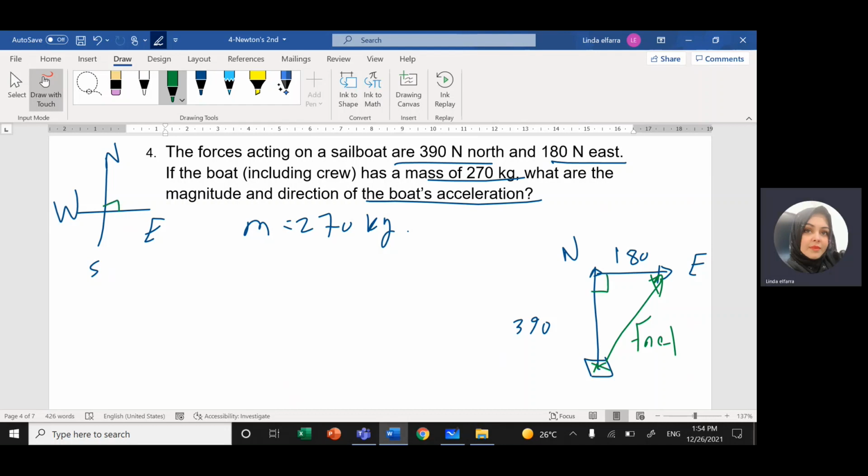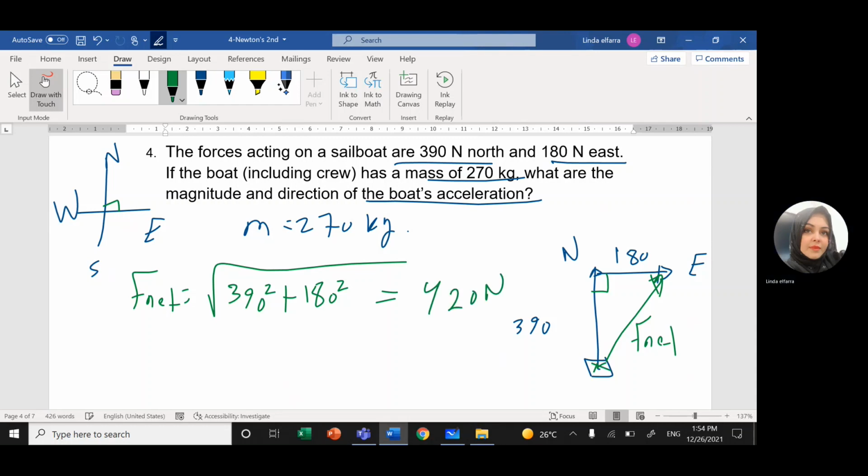So first I have to find F net. F net will be the square root, because they are perpendicular, so we're going to use the Pythagorean theorem. 390 squared plus 180 squared, and this will give us 420 Newton. Now the direction, if I take this angle, I measure the angle from east, so it will be north of east.